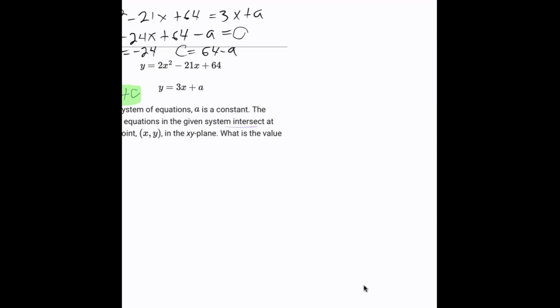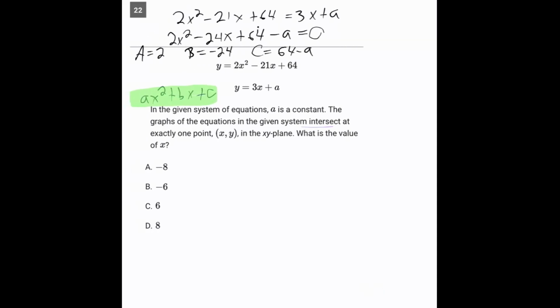So coming over here, we need to go ahead and set the discriminant equal to 0 because we're being told that there's 1 solution. So b squared minus 4ac has to equal 0. And we already know what our a, b, and c are. So let's go ahead and start using that.